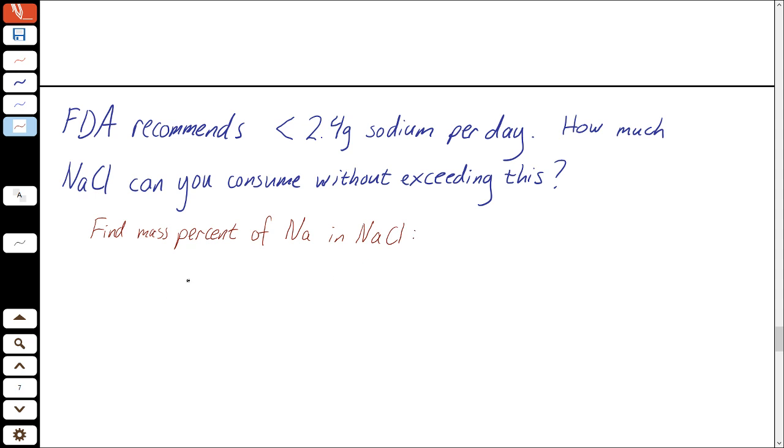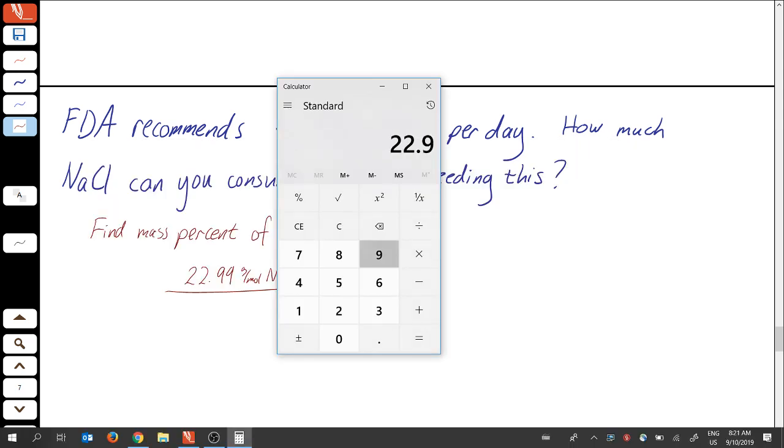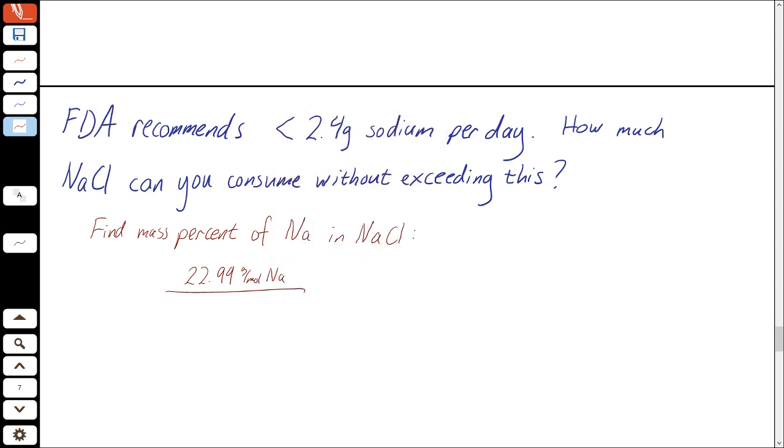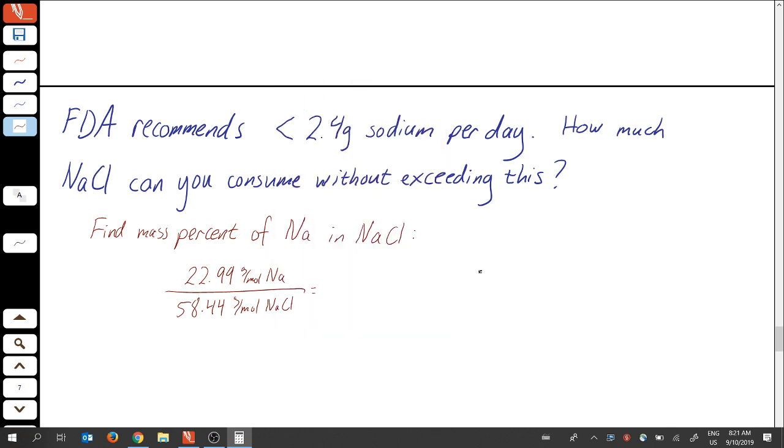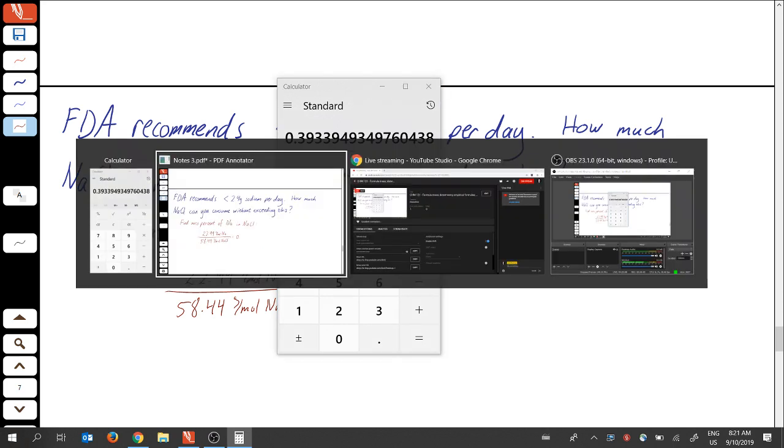So that would be 22.99 grams per mole sodium in the total sodium chloride, which is 22.99 plus 35.45, so 58.44. 22.99 divided by 58.44 is 0.3934.